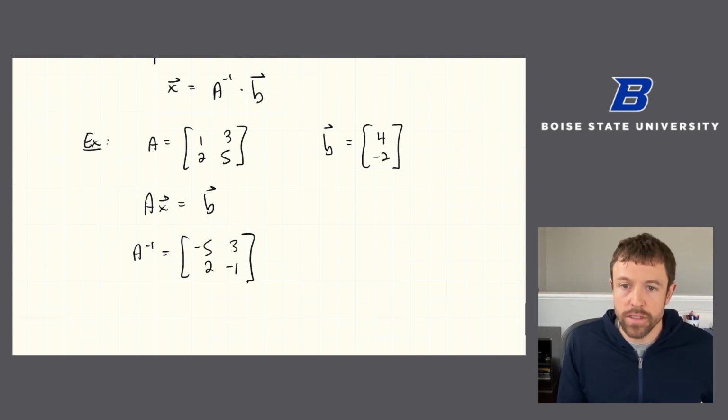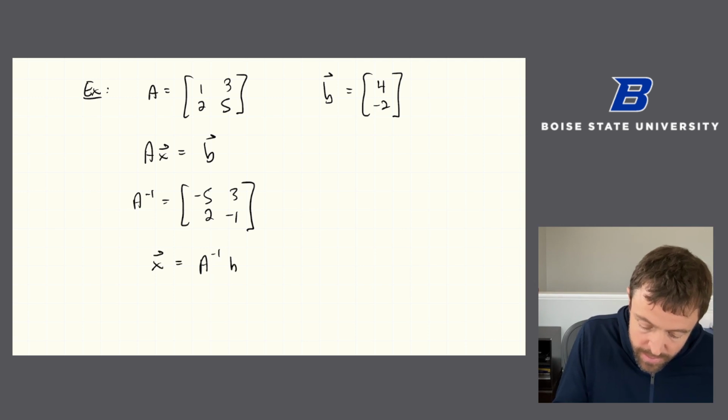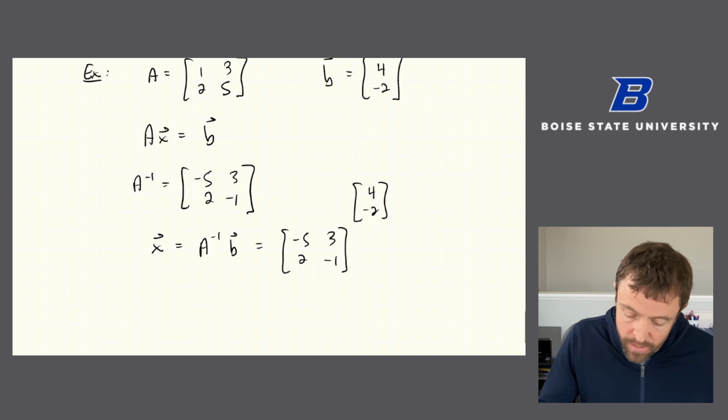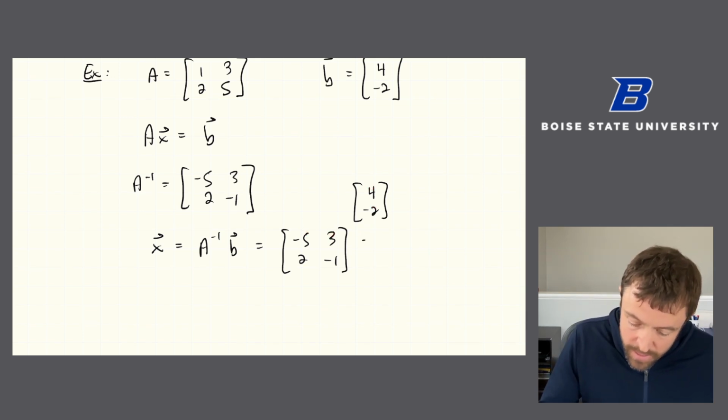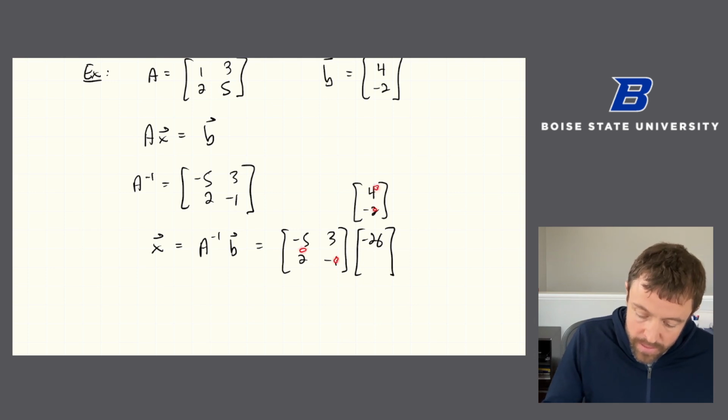And so my solution is given by X equals A inverse times B. Or in other words, here I get negative 20, negative 6, negative 26, 8, 2, 10.